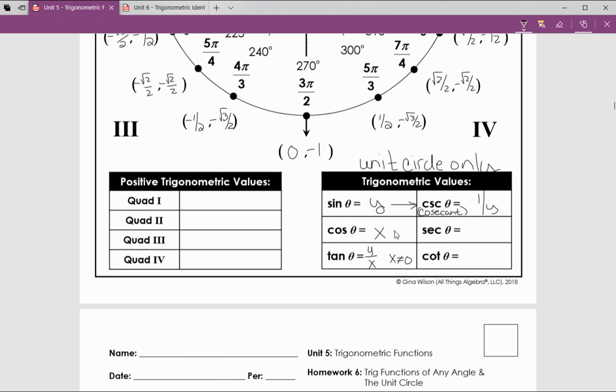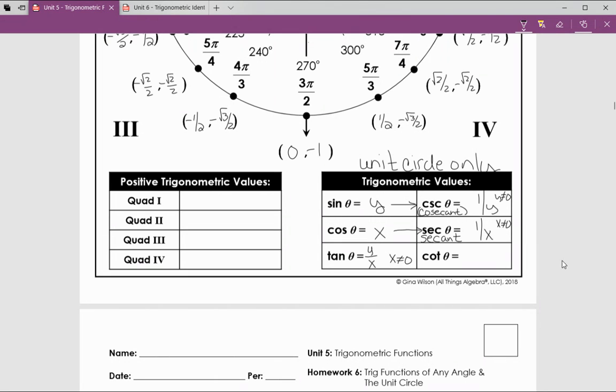Now, cosine's reciprocal is secant. That's S-E-C-A-N-T, secant. And that's going to be 1 divided by the x number. Okay, now keep in mind, no denominators can be 0. So in this one, y cannot be 0. In this one, x cannot be 0.